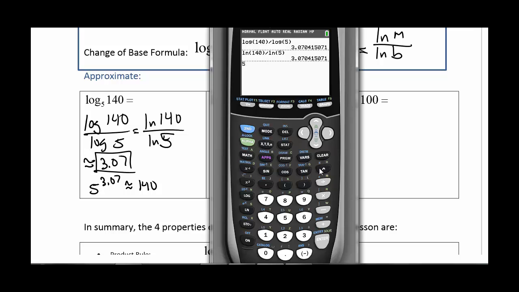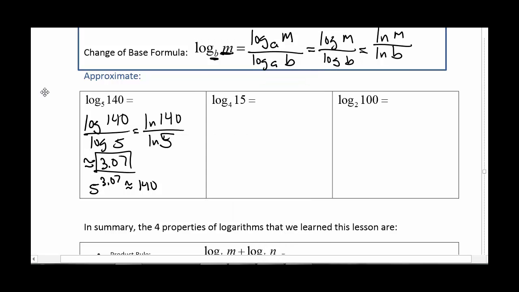So 5 raised to the 3.07 power. And notice I don't get exactly 140, I get 139.9. So my follow-up question would be, well, what happened here? How come it's not 140? Well, remember, it's not just 3.07. It was 3.07 with several other digits along the way, so we're still right, even if it doesn't match exactly.